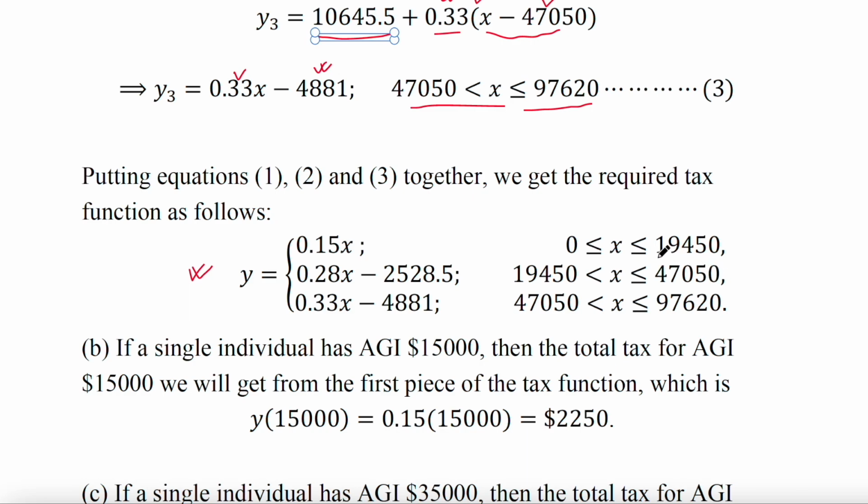Note that 19,450 is included in the first range, so I did not put an equal sign here, I just put less than. And the same thing is true for the third range. I put less than here. So 47,050 is included in the second range.